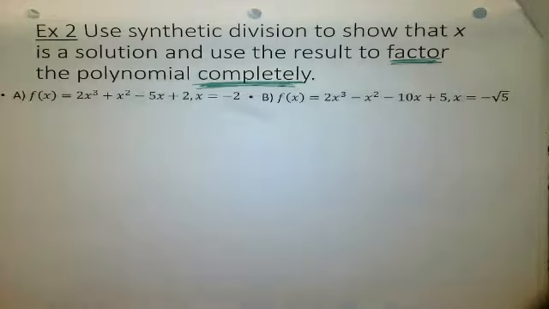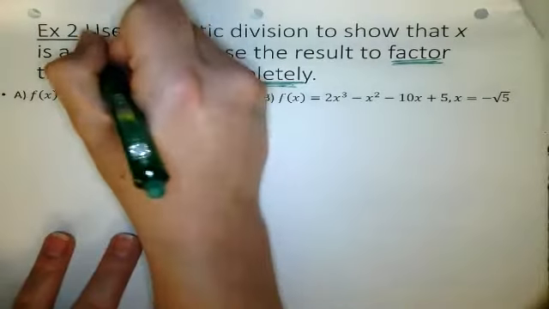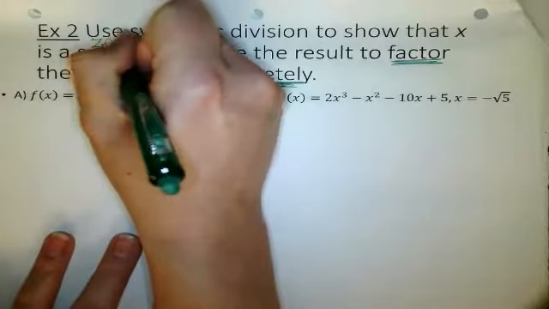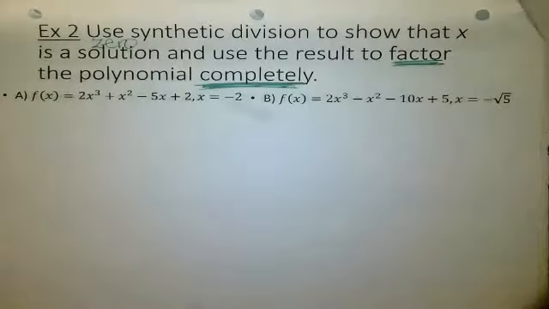So to show that X is a solution, that's sort of fancy language for also a zero. To be a solution of a polynomial means it is an x-intercept or zero. If I know that it's a zero, then I also know that it must be a factor. So we've been doing this the past few days.